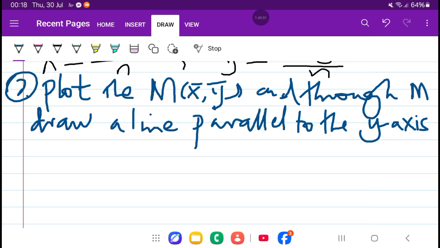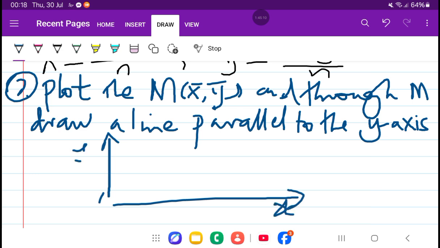If I plotted these values like this, maybe this is y, this is x, and I had plotted my values, they were all done.